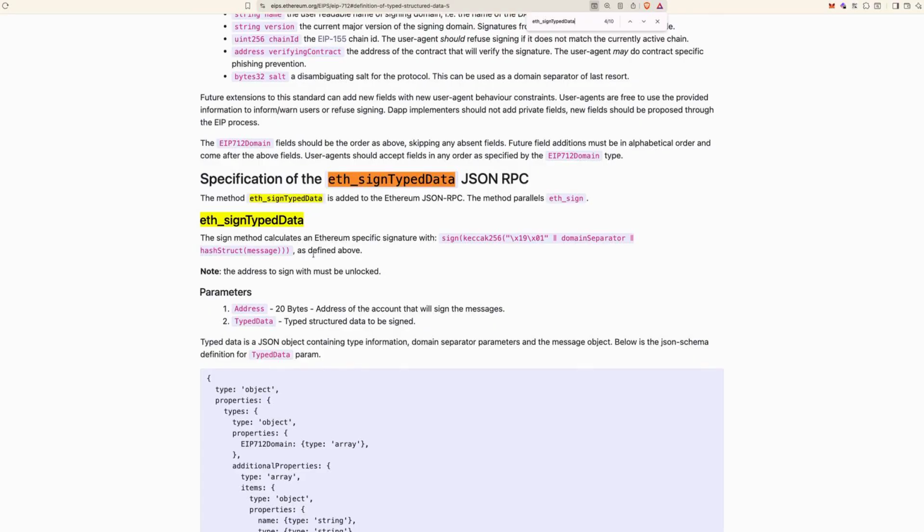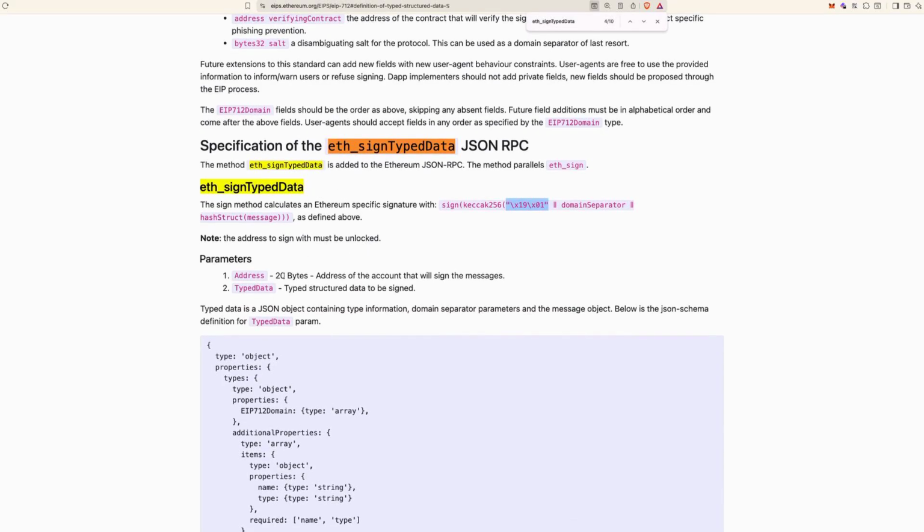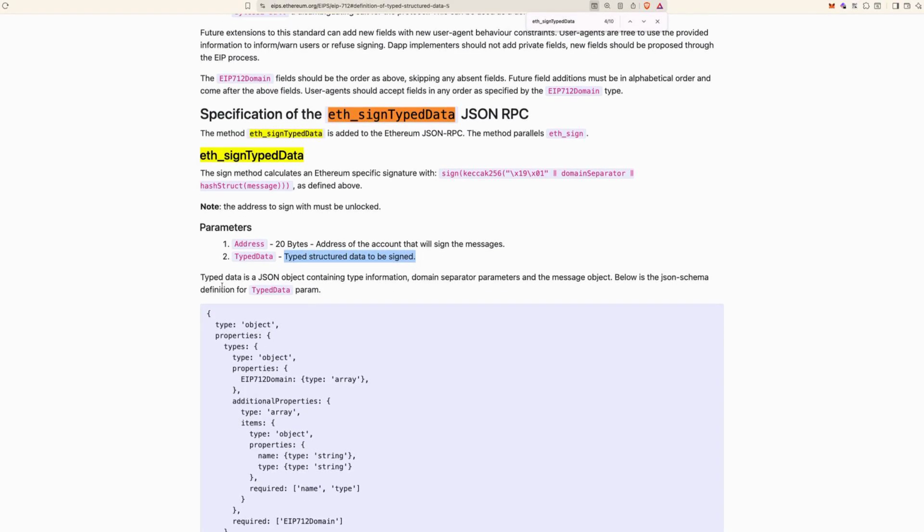Okay. The sign method calculates an Ethereum specific signature with sign. This is the prefix 0x19 0x01. Hash struct as defined above. Note the address to sign with must be unlocked. Type data, the structured data to be signed.